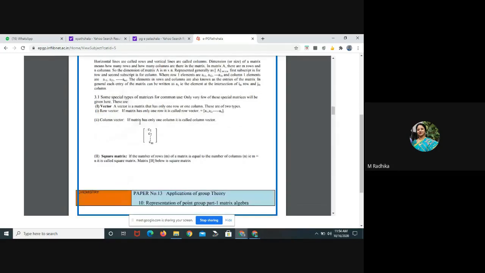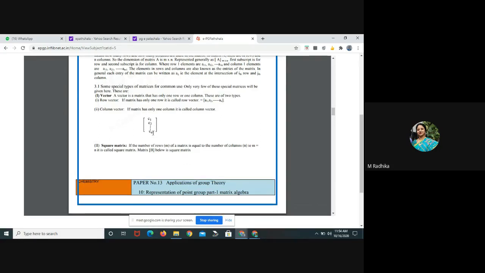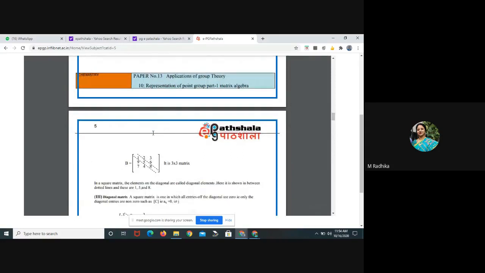Matrices can be of two types: a row vector, which has only a row, or a column vector, which has only a column. Another type is a square matrix, where the number of rows equals the number of columns. This is an example of a 3 by 3 matrix. The elements falling along the diagonal of a square matrix are called the diagonal elements.